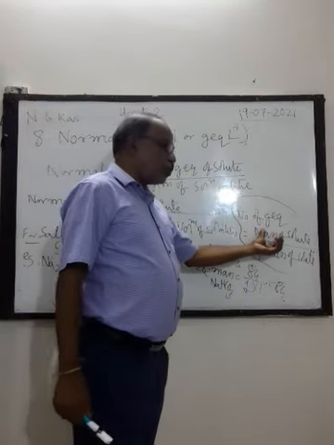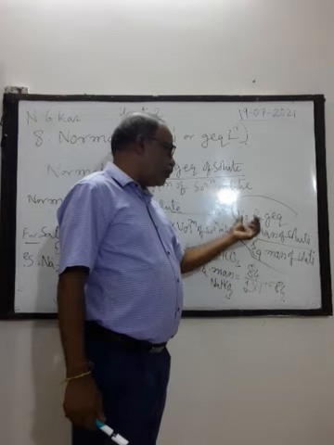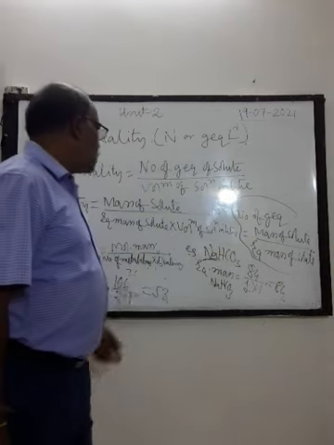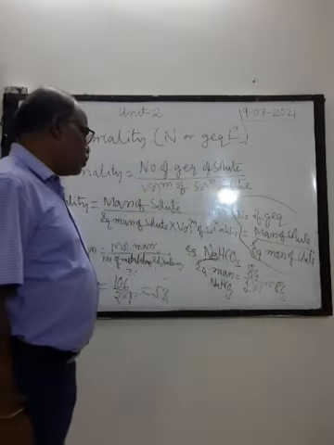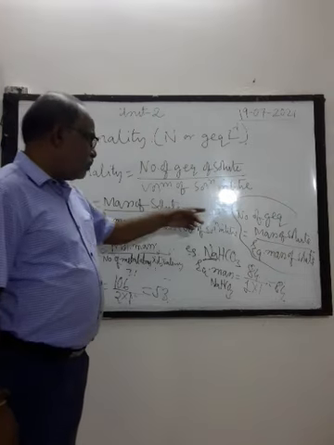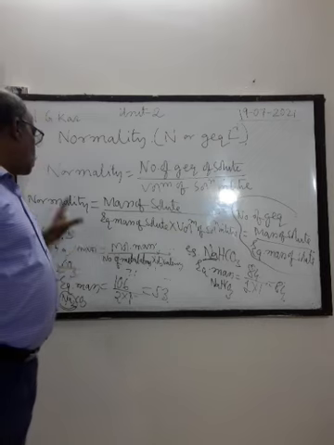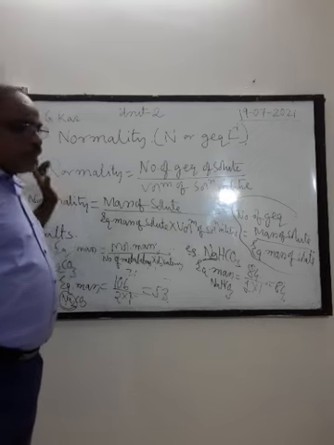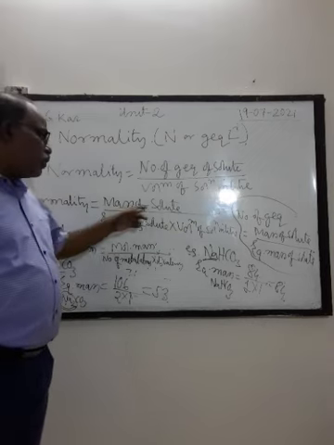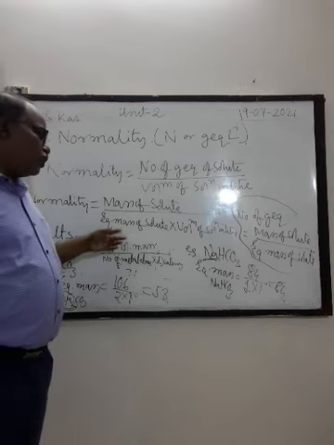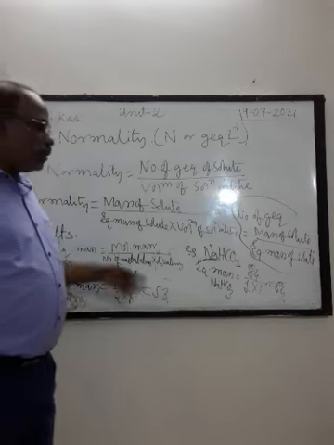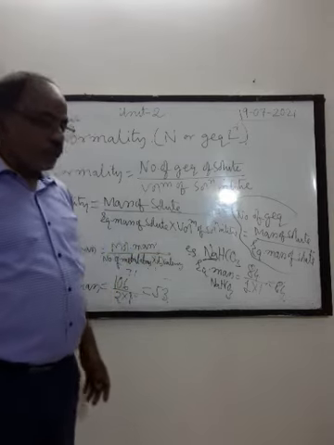So the number of gram equivalents of solute can be replaced by mass of solute by equivalent mass of solute. To find normality, you need to know the mass of solute, the equivalent mass of solute and the volume of solution in liter.